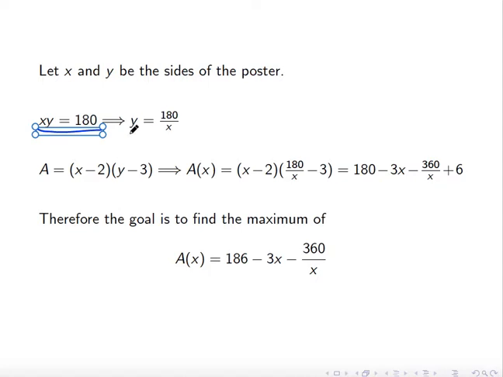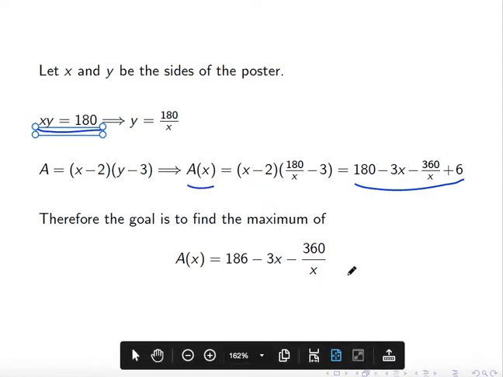And from there, we can conclude that y is 180 over x. So now I can replace y with 180 divided by x. And after simplifying, I will get this function. I'll get A of x is this function. So now next step is to find the maximum of this function.